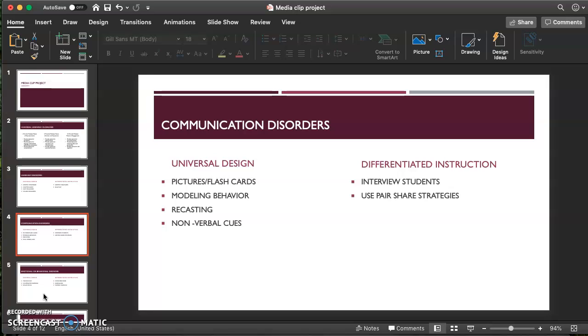And also using pair and share strategies as well. Universal design for communication disorders would be using flashcards or picture cards, definitely modeling behavior, recasting, or using nonverbal cues while using verbal.